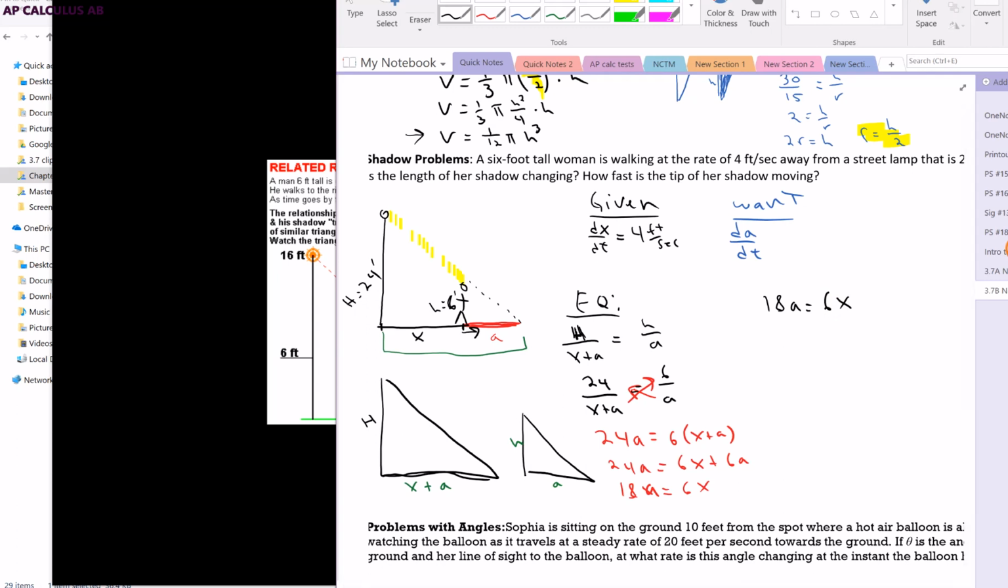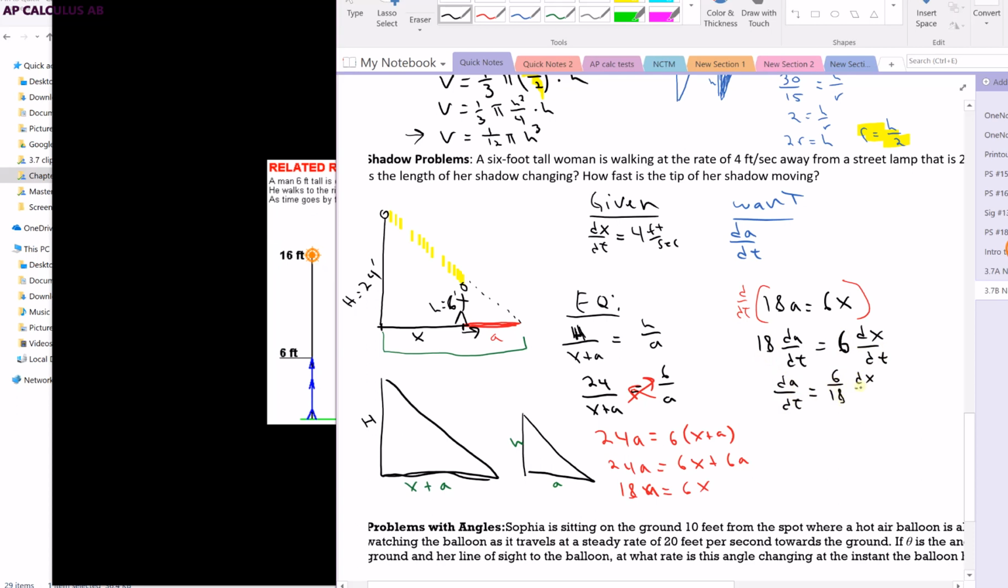And since we want dA/dt, we're going to take the derivative of this with respect to time. What's the rate of change with respect to time? We get 18 dA/dt equals 6 dx/dt. Our goal here is to find dA/dt, so we divide both sides by 18, and we get dA/dt equals 6 over 18 times dx/dt, and 6 over 18 is 1/3.